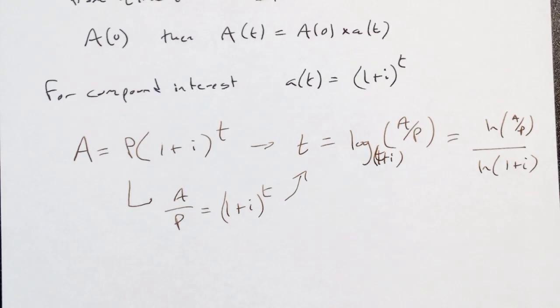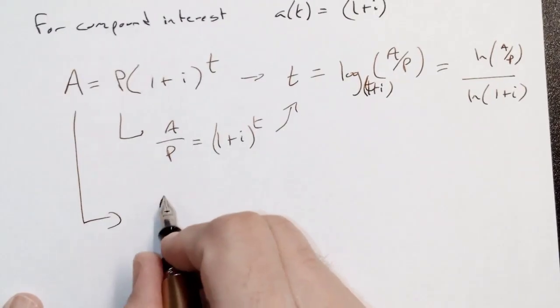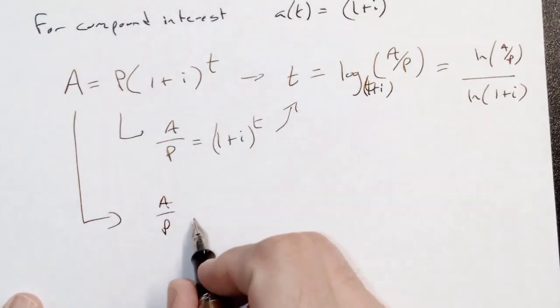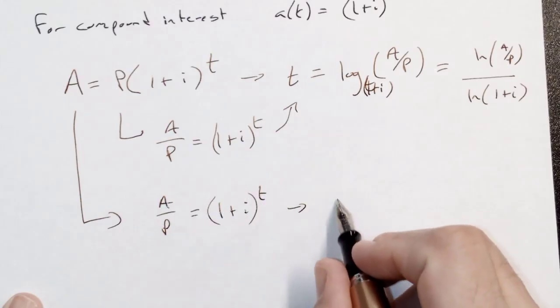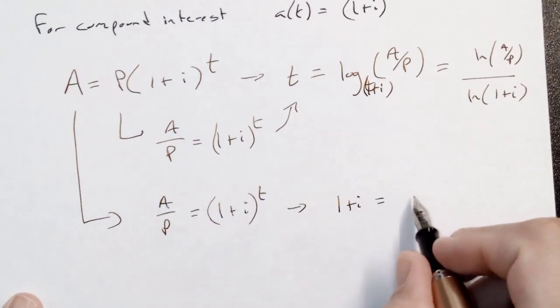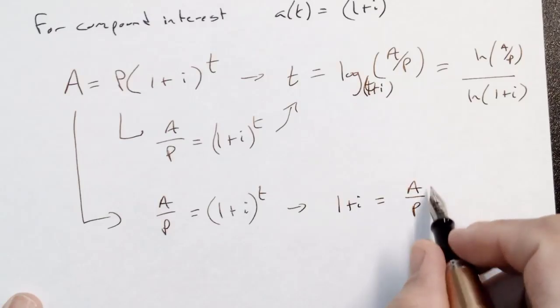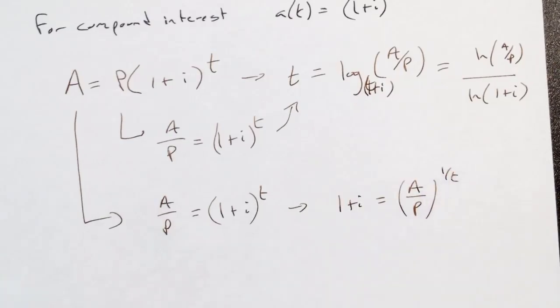In the same way, I can solve for the interest rate. There I'd use the 1 over T-th root, right? If I wanted to get I, I'd do A over P would be 1 plus I to the T. Then I could do the T-th root, and subtract 1 to get I all alone.